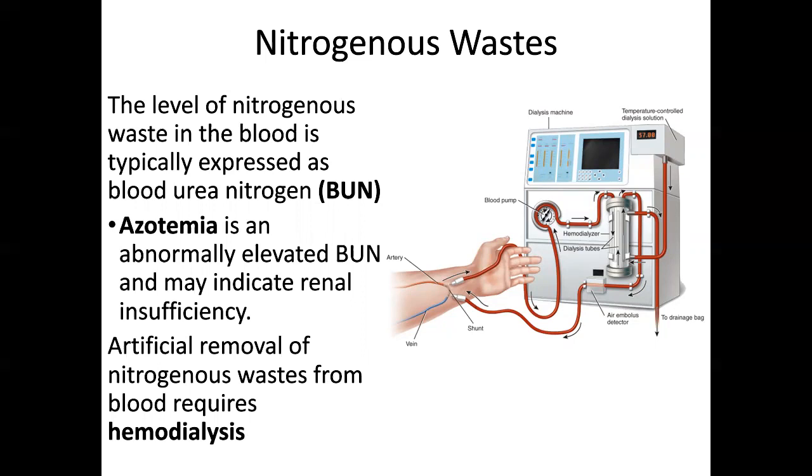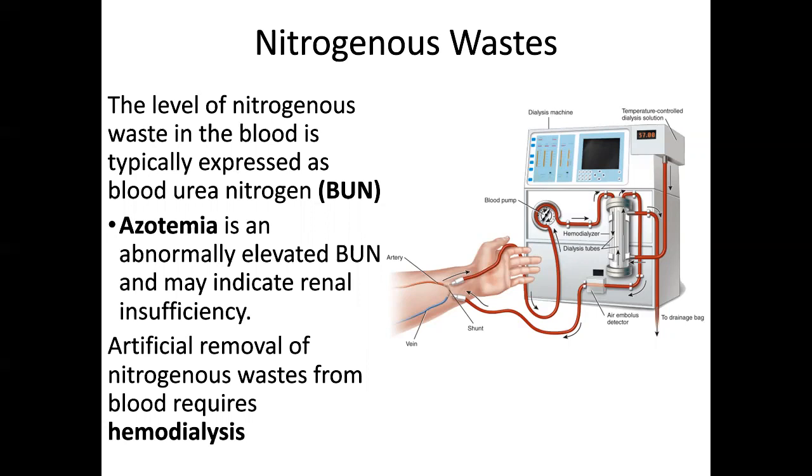A test used to measure the levels of nitrogenous waste in your blood is expressed as your blood urea nitrogen, or BUN. And like I said, if you have an inability to remove your waste, that can be detrimental. And we call this condition azotemia, where there's abnormally elevated levels of BUN, which may indicate renal insufficiency.